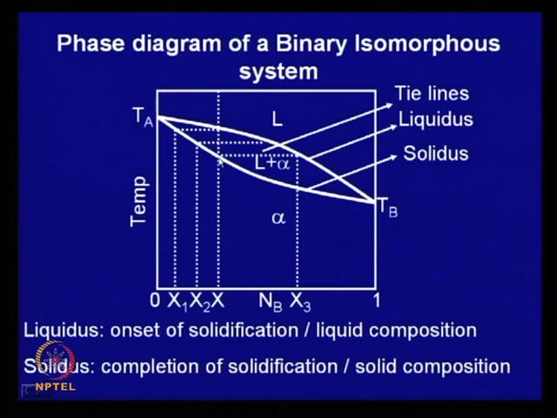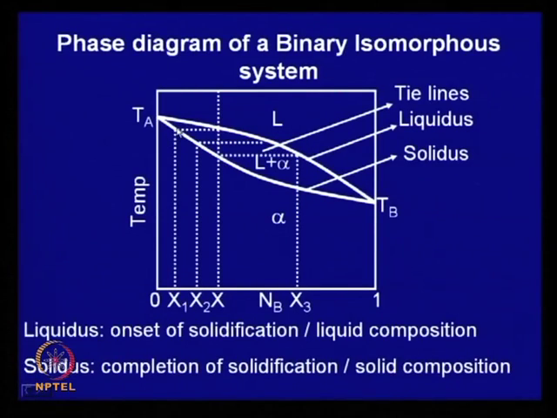It reaches the composition of the alloy, and virtually the liquid composition also has changed and almost reached here. But the point is that the solid which is precipitated out here, that amount of liquid will be extremely small, virtually non-existent.